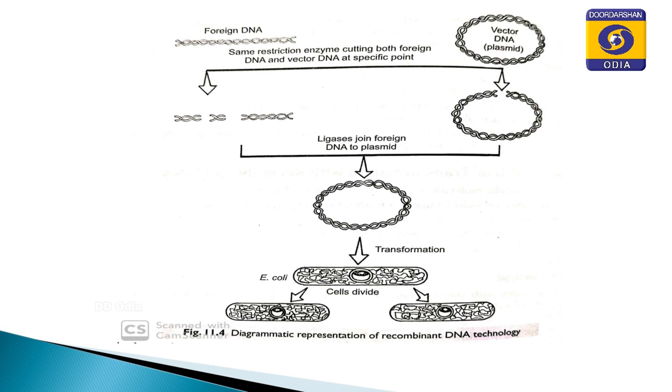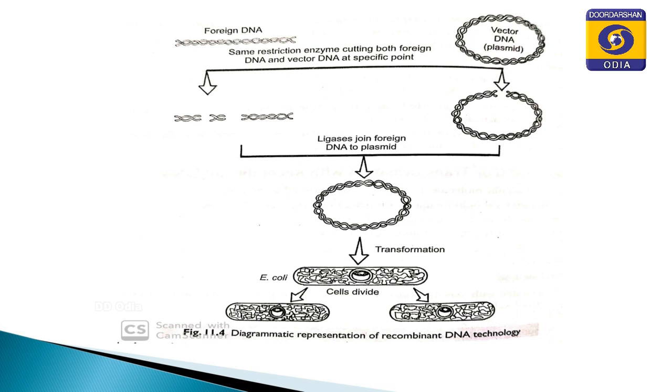Now, ligase joins, you can see here in this second step, the desired gene is joined with the plasmid after being treated with ligase, and then we have a chimera or a recombinant plasmid.